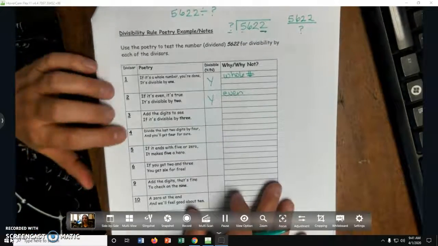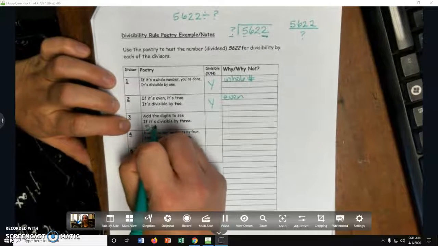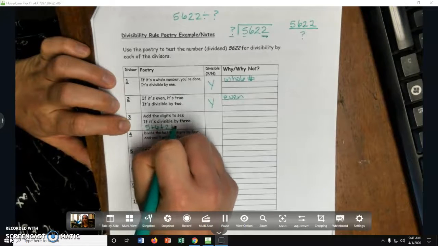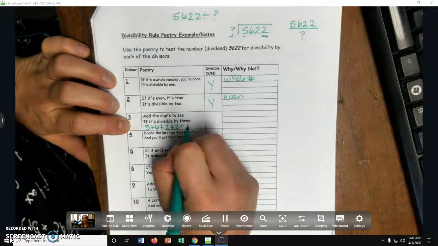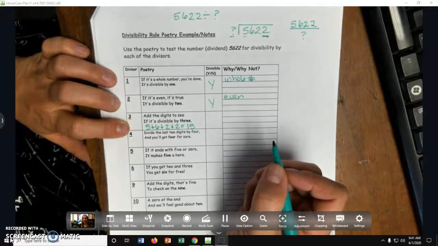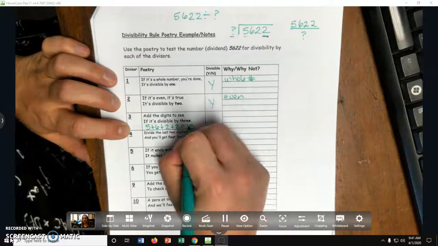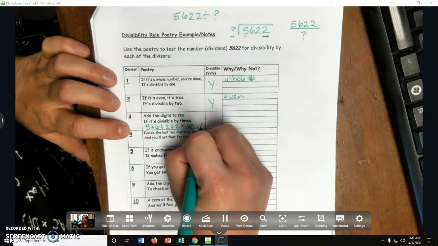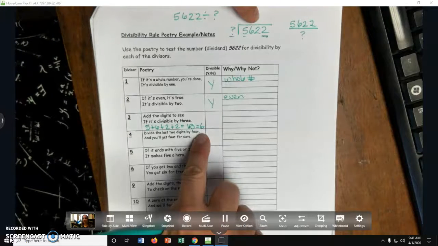Add the digits and we'll see if it's divisible by 3. So we're going to take 5 plus 6 plus 2 plus 2: 11, 15. Okay, and remember we talk about digital roots. We want this down to the digital root. So if I take the 1 and I add 5 to it, I get 6. 6 is the digital root for 5,622.